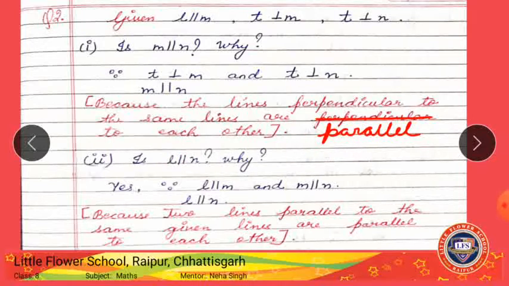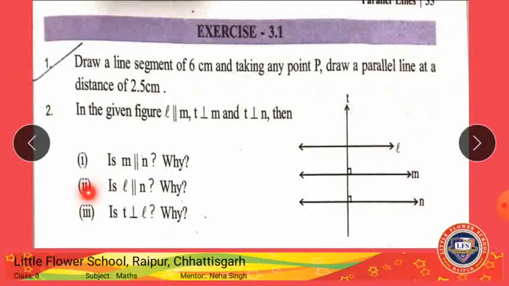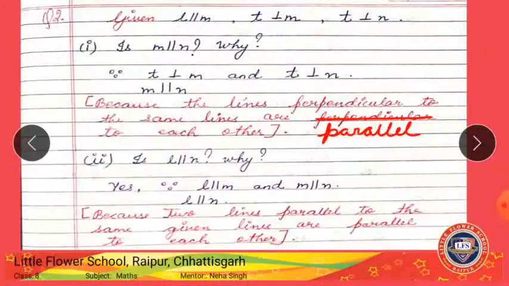Okay, now secondly you need to find if L is parallel to N. Now L is parallel to M, it is given in the question, and M is parallel to N we found in the first part.